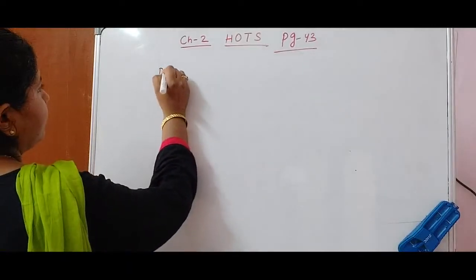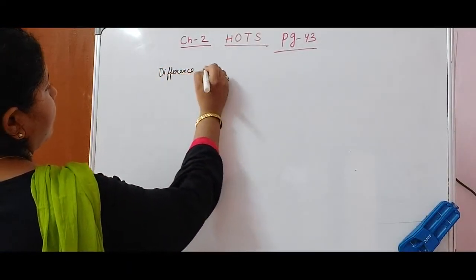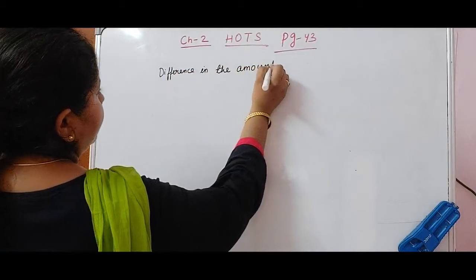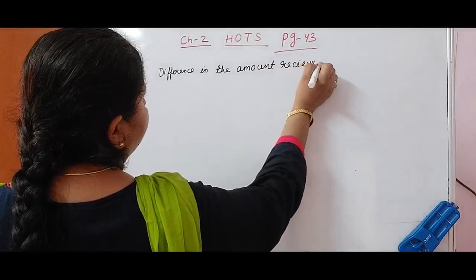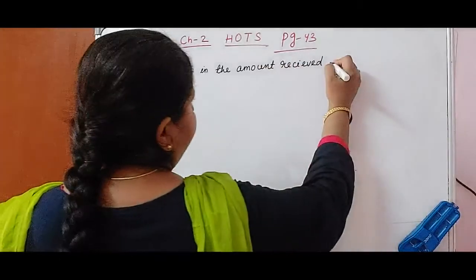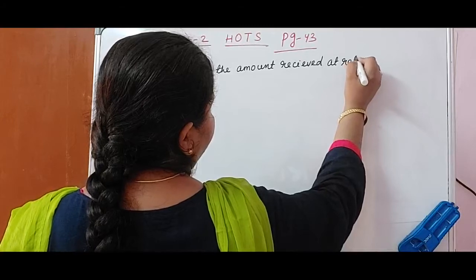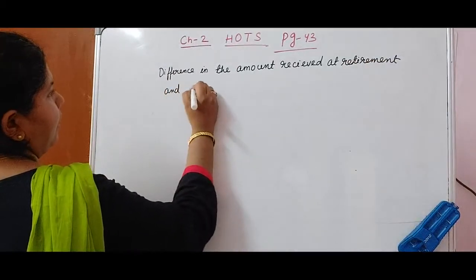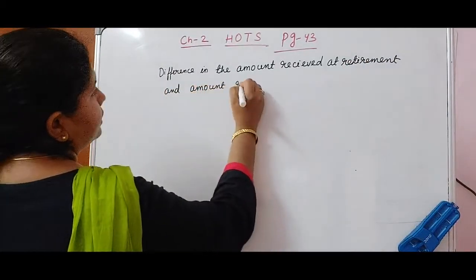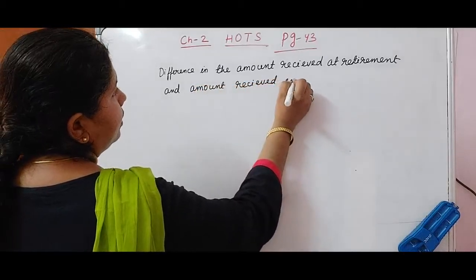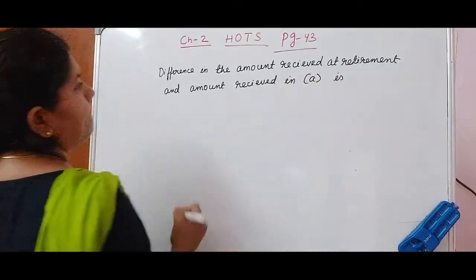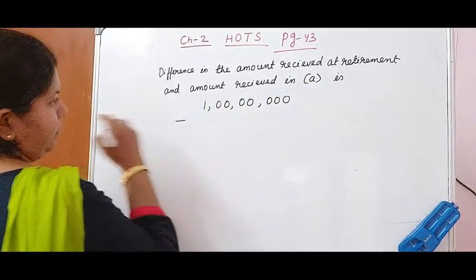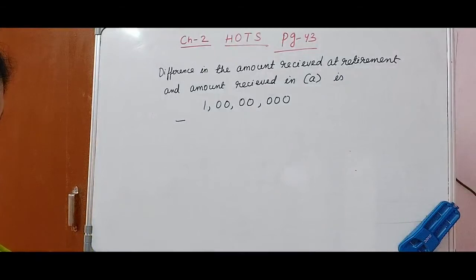Now difference in the amount received at retirement and amount received in A is 1 crore minus, what was the sum that we received?